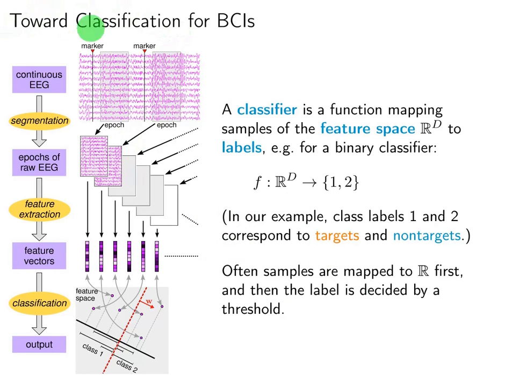The entire pipeline of the BCI classification can be summarized in these figures. Okay, so first we have a continuous EEG acquired from an experiment. It can be the Oddball paradigm. Second is segmentation of continuous EEG into trials of predefined class, target, non-target, or other.